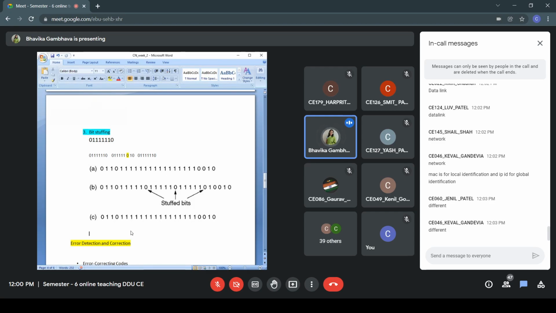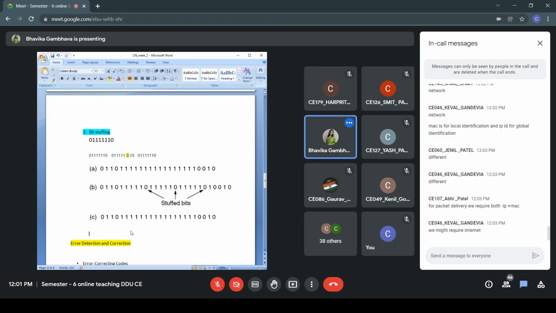Then why can't we use MAC address only to deliver data from someone here to, let us say, Haryana? I want to send someone sitting in Haryana a program. So will I not be able to do that? Why do we require both the addresses, IP address and MAC address?